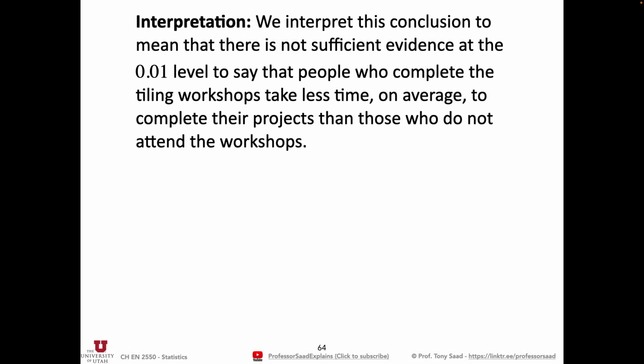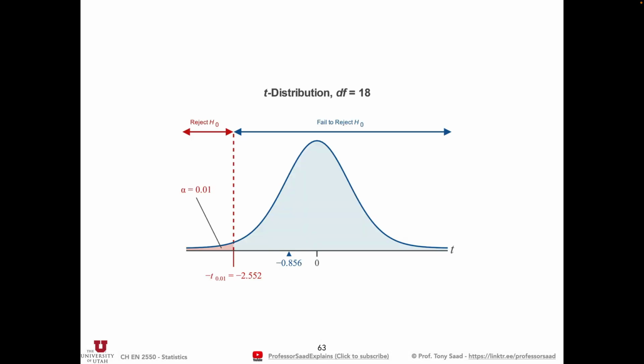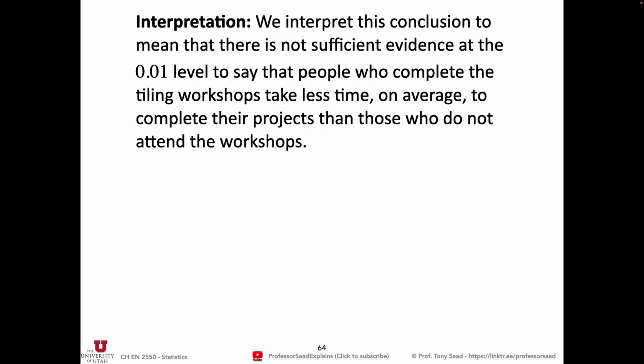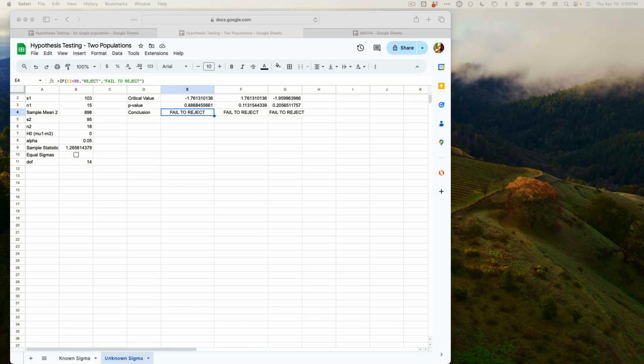Tuesday, we left off doing a two population test with an unknown sigma, and I think we did a right tail distribution. We did the spreadsheet, and with the spreadsheet, if you remember, we had this really nice conditional here.